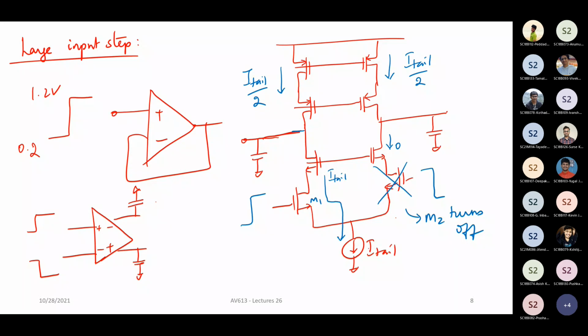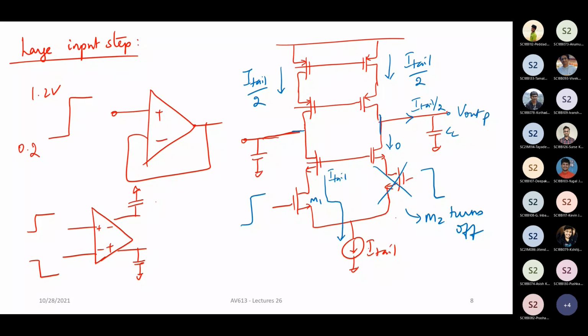They are current sources pumping I tail by 2 on both sides. Now we know that there is no current flowing into this side. So by KCL, how much is the current flowing into the capacitor on one side? It will be I tail by 2, because this current will have to flow into this transistor. So this is your Vout plus.